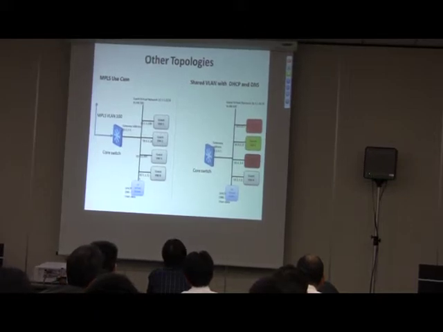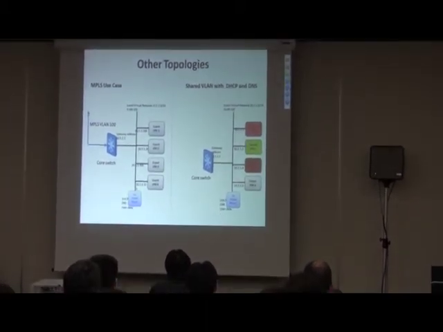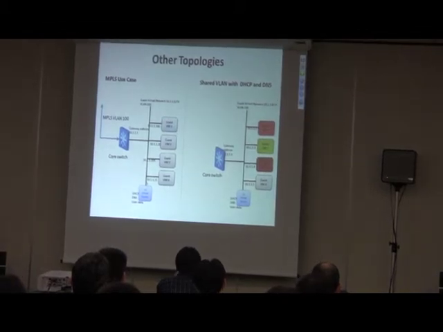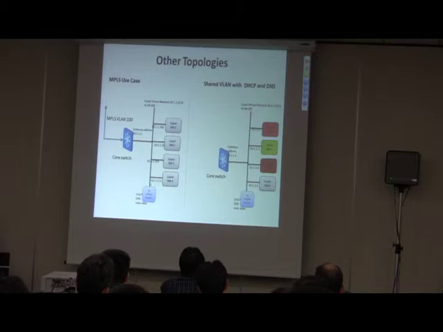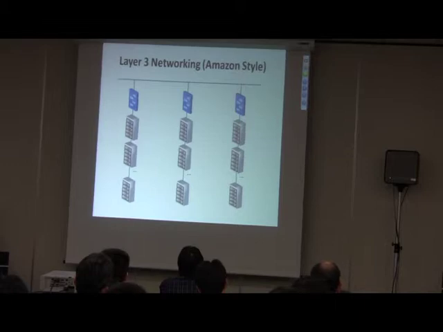And then there's also shared VLAN, which is the ability for an administrator to create a particular network and then put all the end users' VMs on that network and isolate them through other means.